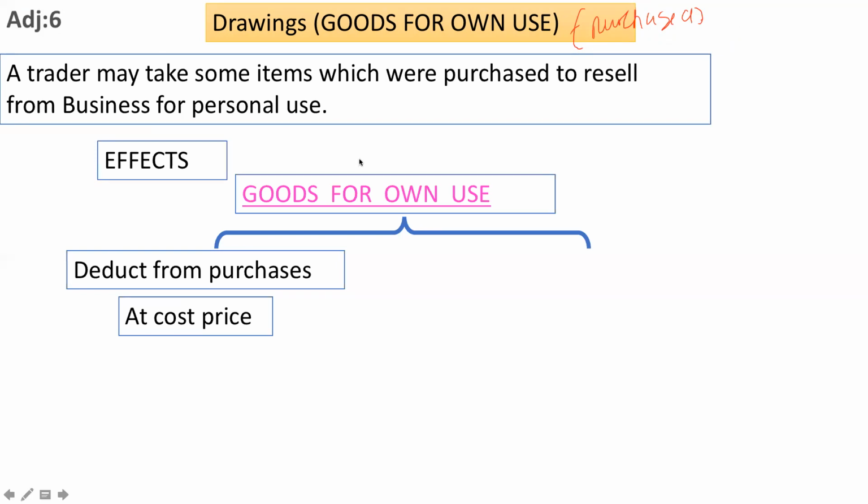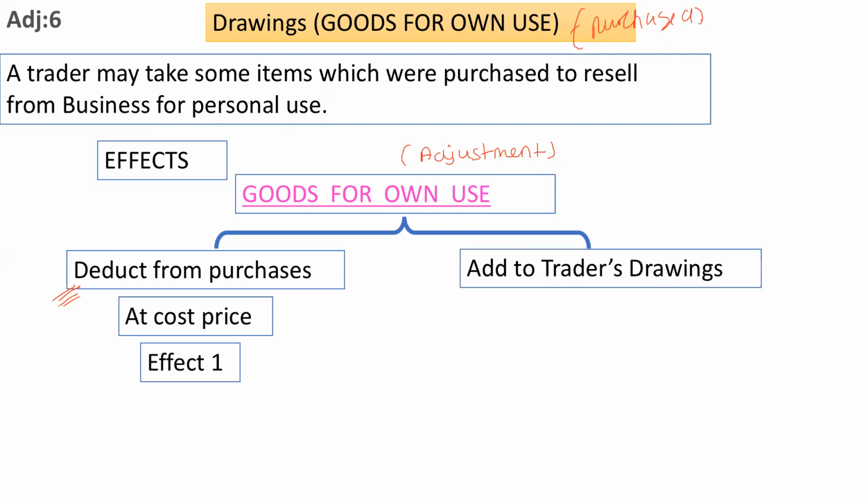Remember, goods for own use is shown as a deduction from purchases, only those goods that I have not yet adjusted. So it should be shown in the adjustment. Then you will deduct it from the purchase at cost price. Second effect is that whatever drawings I'm showing, I will add to the drawings and reduce the capital.